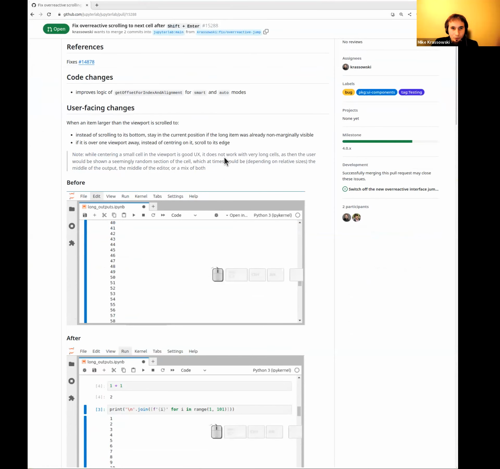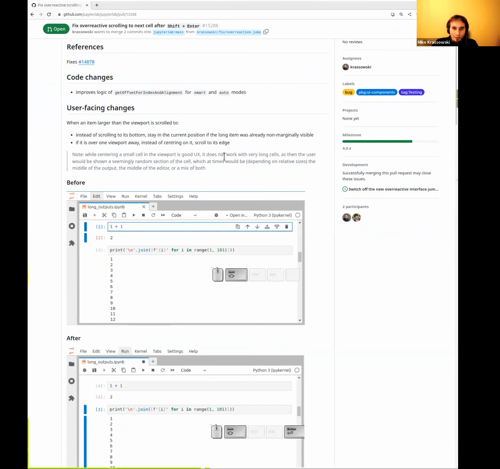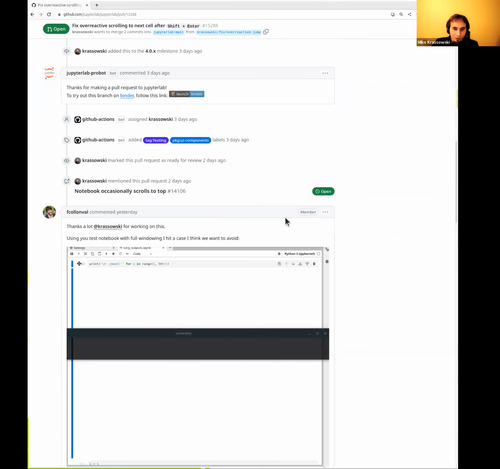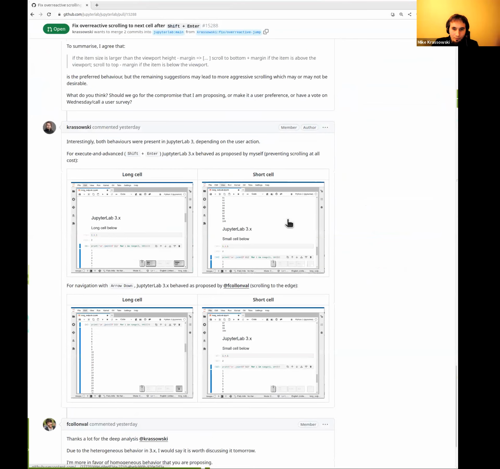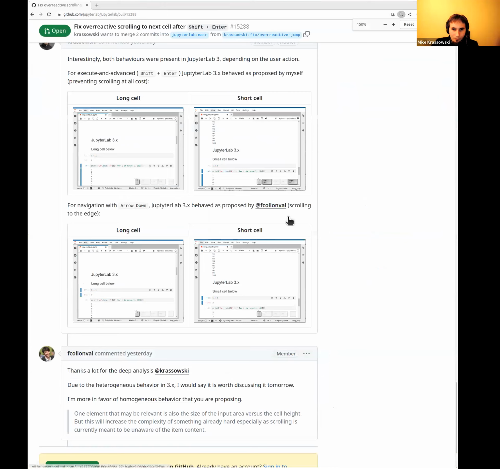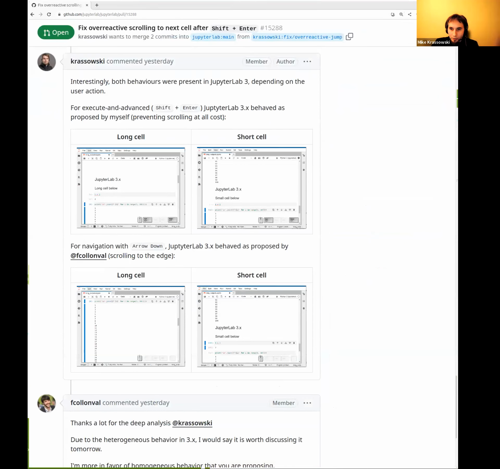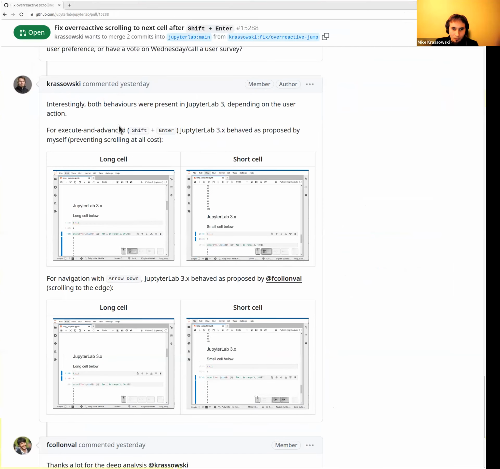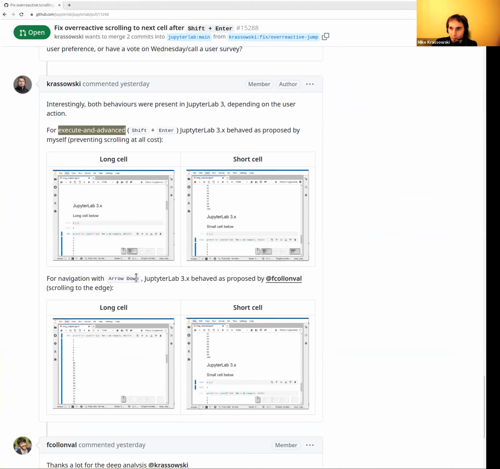So JupyterLab 3 had two separate behaviors for scrolling, which depended on whether you were executing with Shift and Enter or navigating with arrow down, arrow up.